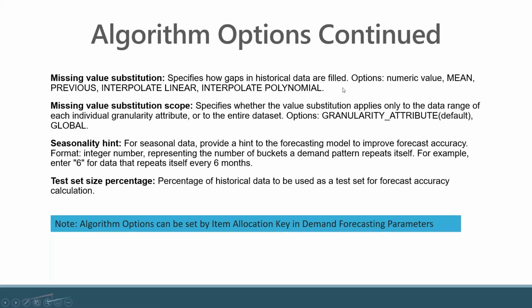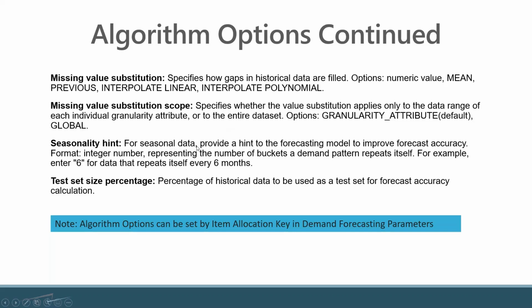You can use previous, so if you've got April, May, and June that are being forecast and there's no value being generated for May, but you've got 2 in April and 4 in June, you can say previous to use 2 from April. You can interpolate linear, which would give you 3 for May because that's linearly between 2 and 4, etc. Probably wouldn't mess with the missing value substitution scope.